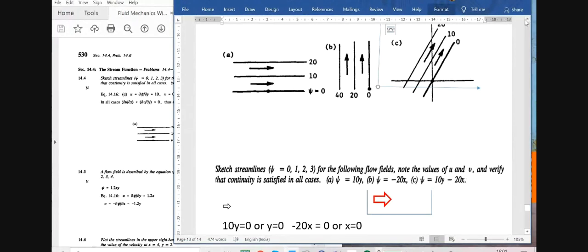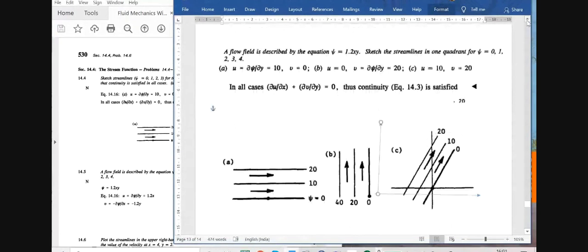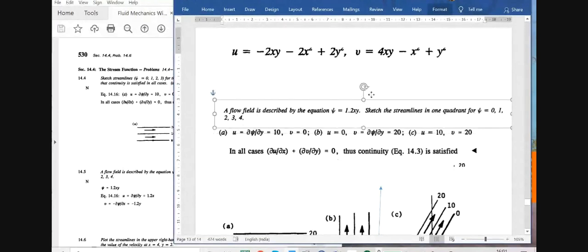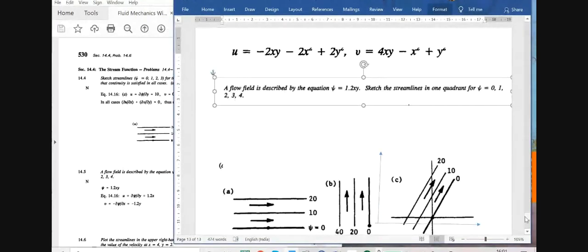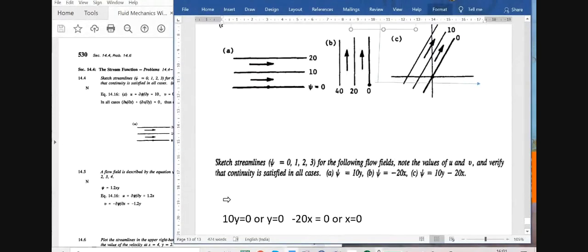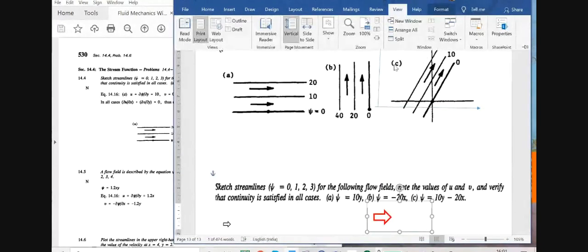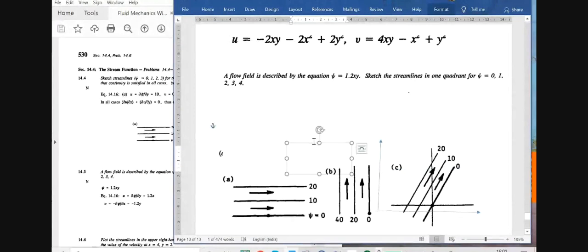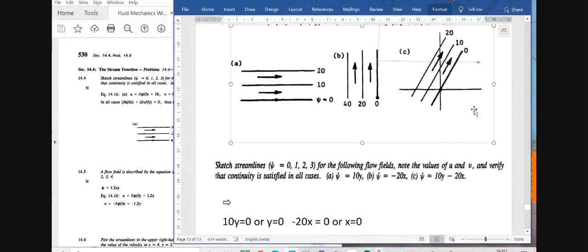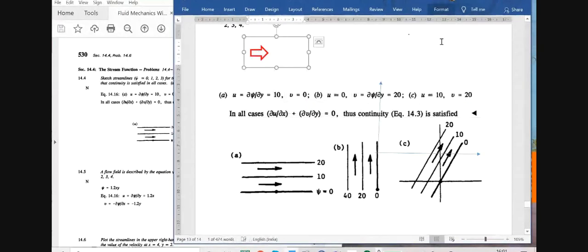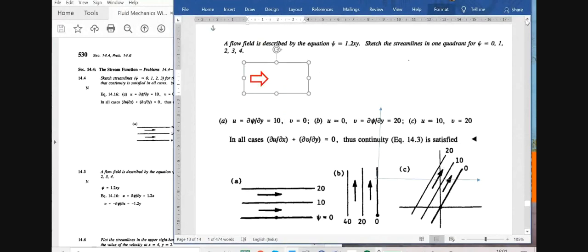And also one more problem. This problem.